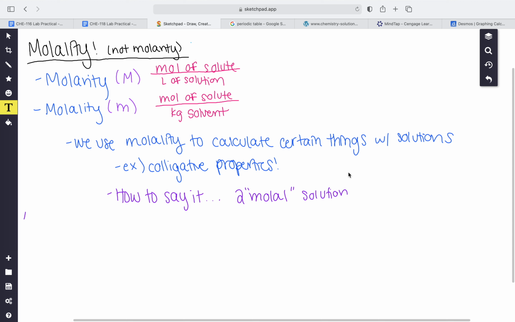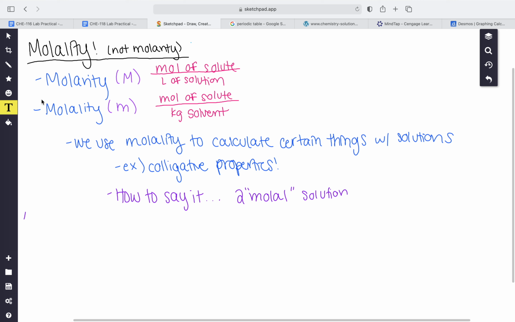Say it the right way, because molality is hard to say. But when you're saying it, for instance, instead of saying 2 molar, you say it's a 2 molal solution.